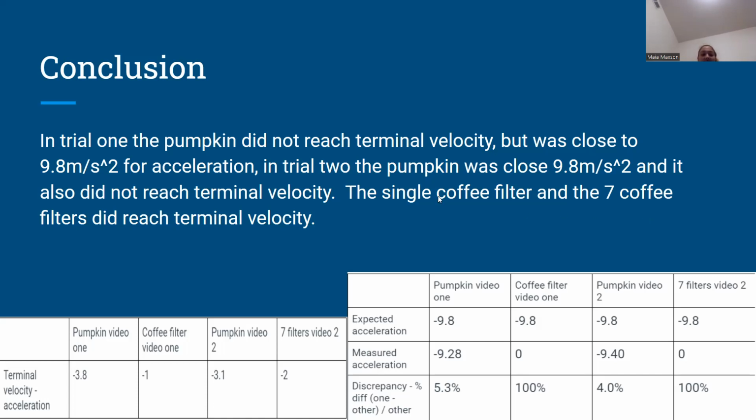For the pumpkin to actually reach terminal velocity, it would have needed a constant speed of 3.8 meters per second, and in video 2, 3.1. The coffee filter is around 1, and the 7 coffee filters is around 2, which we did see, and which is why they had no acceleration.